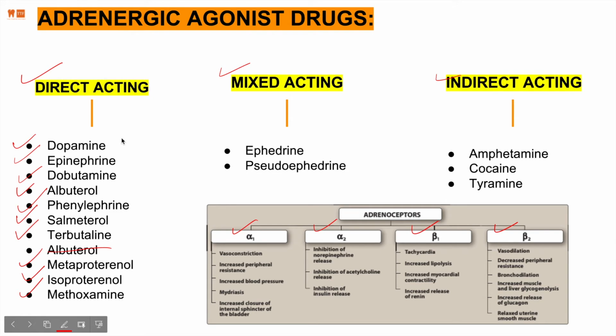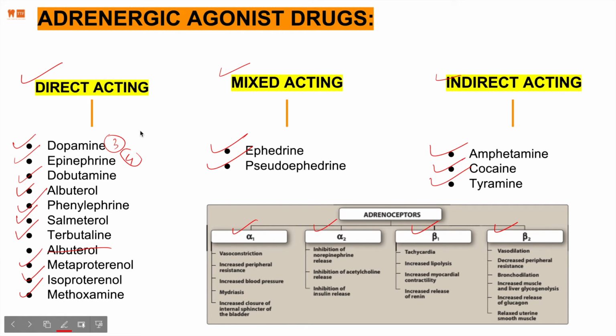They have a destination that they will act at directly. Some may have, say, 4 receptors that they act on. Some may have 3 receptors that they act on, right? Mixed acting, ephedrine and pseudoephedrine. Indirect acting are amphetamine, cocaine, and tyramine. Now, how do you remember all of these names?